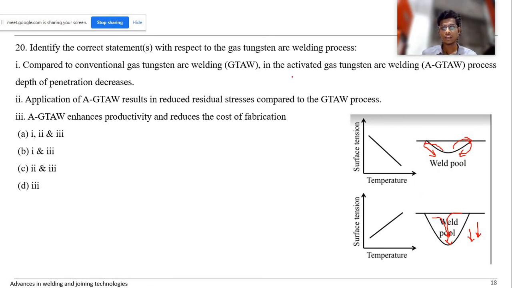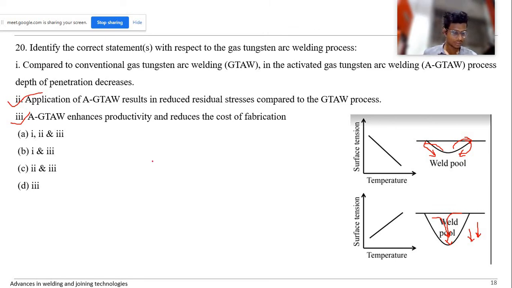As I said earlier, heat input is the culprit that generates residual stresses. So 2 is correct. And the active flux enhances productivity because you can use higher welding speed, and reduces the cost of fabrication. So this is also correct. So option C is the answer.